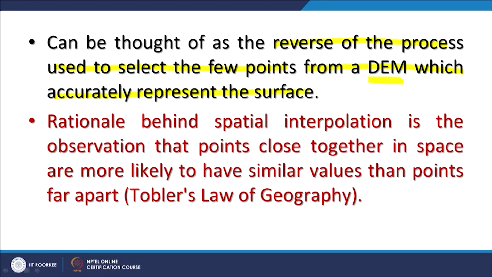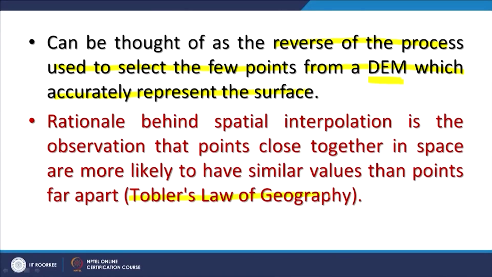And the rationale behind this interpolation is the observation that points close together in space are more likely to have similar values. You recall that earlier also we have used Tobler's law of geography, which considers that whichever is the closest will have the maximum influence in the predicted values.